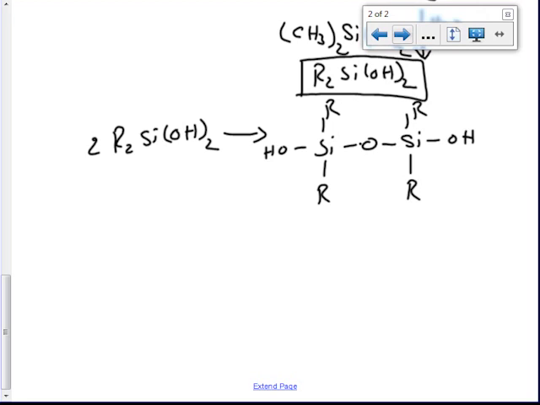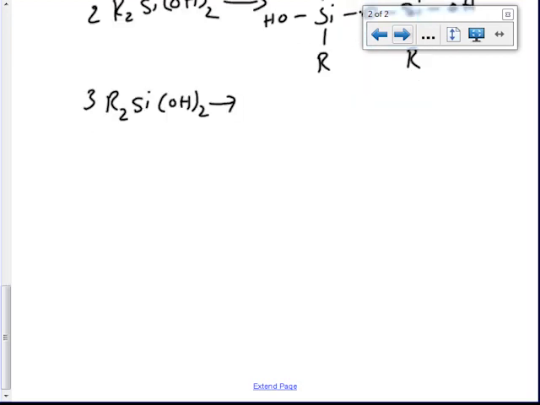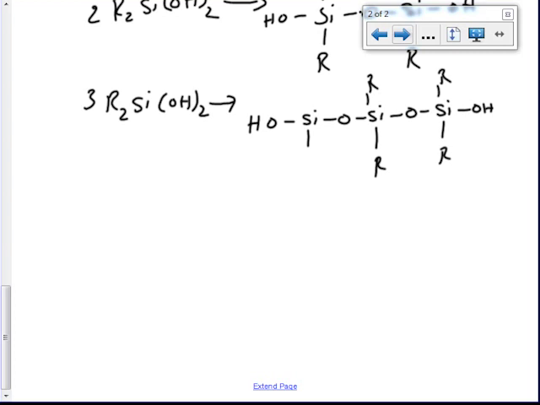If 3 moles of R2Si(OH)2 are combined, the compound is HO-Si-O-Si-OH with R groups, like this.